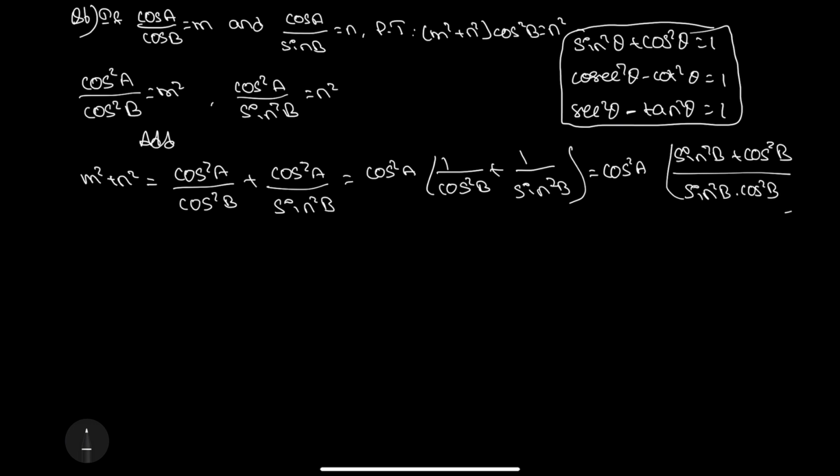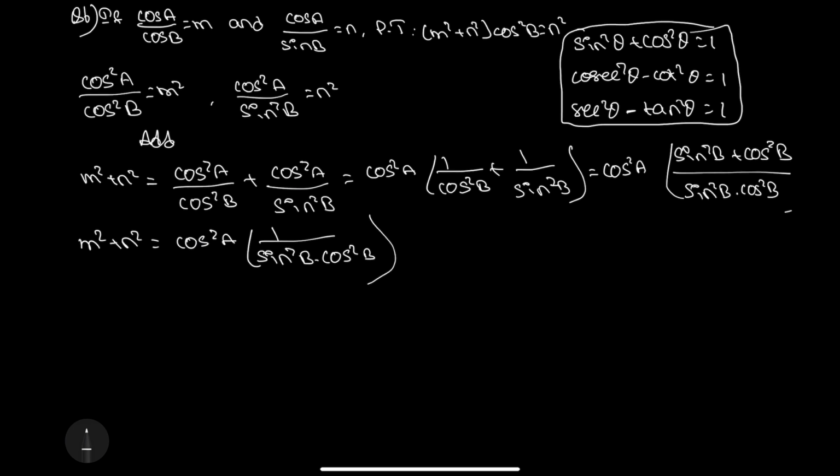And here we have our identity, which is sin^2 b + cos^2 b = 1. So we'll get m^2 + n^2 = cos^2 a (1 / (sin^2 b cos^2 b)).